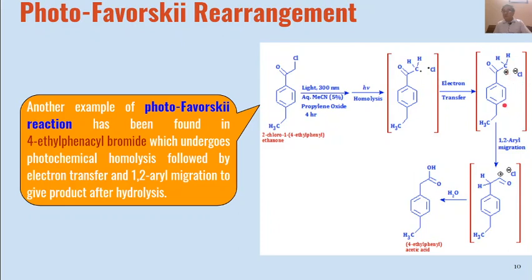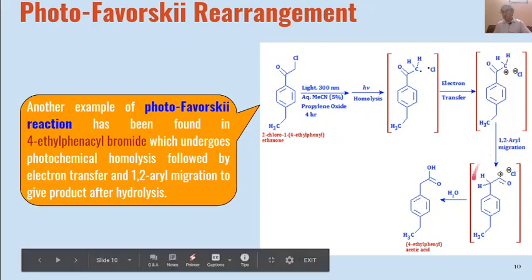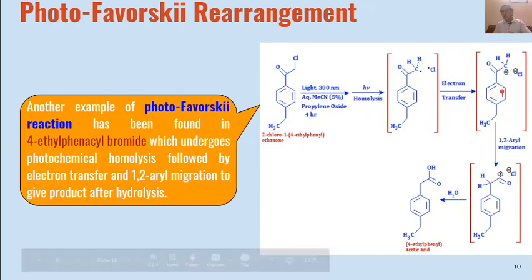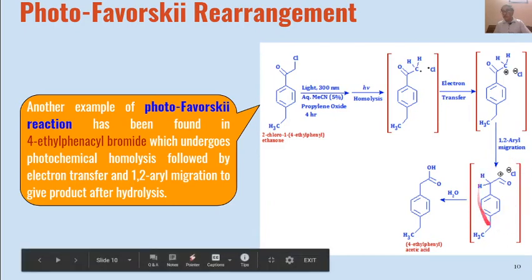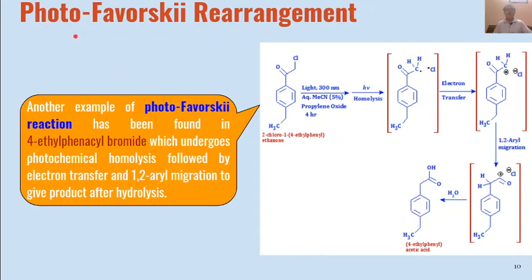And after this 1,2-aryl migration, this whole aryl group will migrate to this position because the carbocation formed will be more stable, and this carbocation through 1,2-aryl migration will change into this carbocation acylamine, and this will undergo hydrolysis to give us carboxylic acids as the product. So this type of rearrangement, because this is taking place under photochemical conditions, is called photo-Favorskii rearrangement.